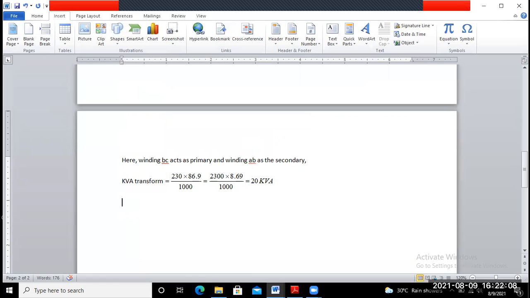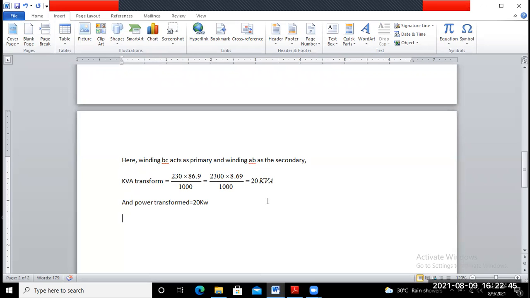So the power transformed is equal to 20 kilowatt at unity power factor, is it not, 20 kilowatt. So the remaining power is transferred by the direct conduction method.